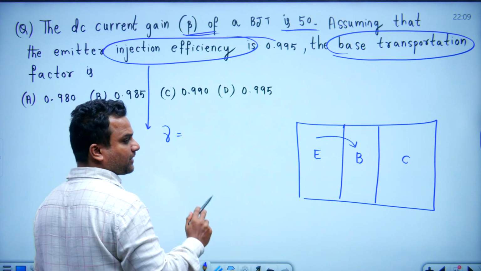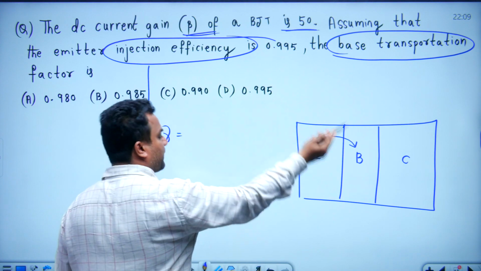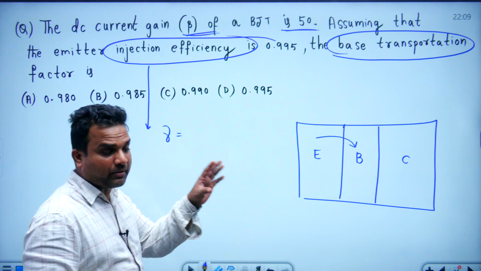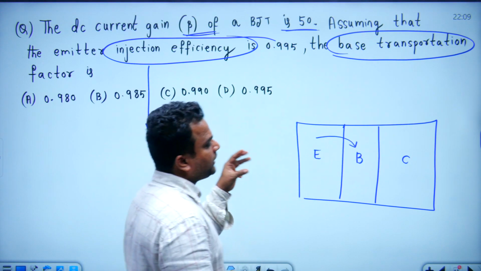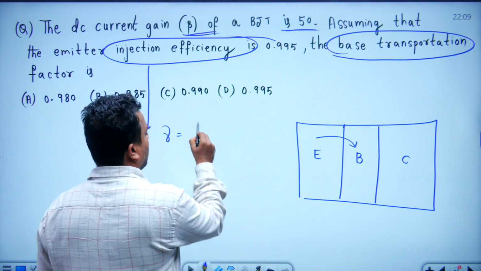Guys, whatever the carriers are injecting into the base from the emitter, that's what the name, emitter injection efficiency, that they are injecting into the base, that is IPE.